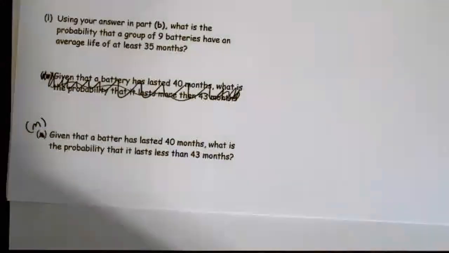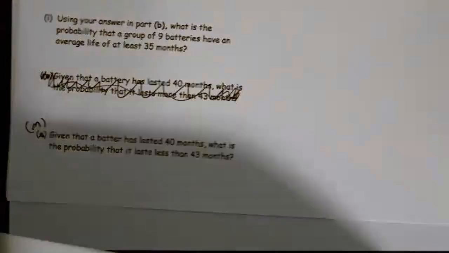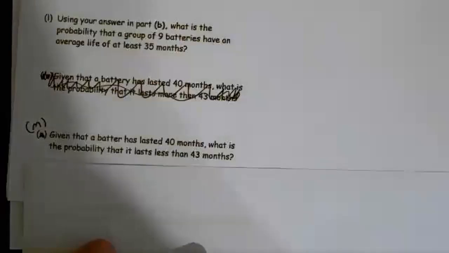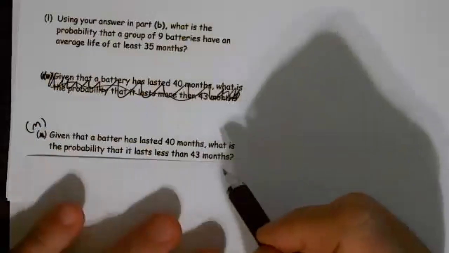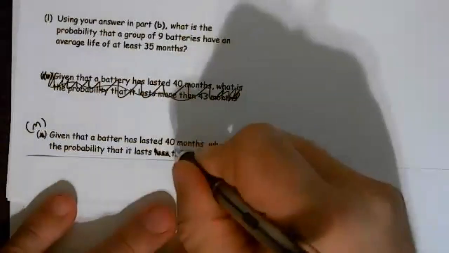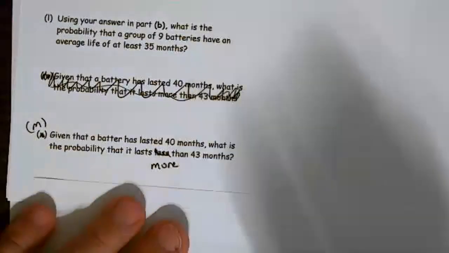Full sheet of paper. Given that a battery has lasted 40 months, what's the probability that it lasts less than 5? I don't want less. I want last more than 43. All right.